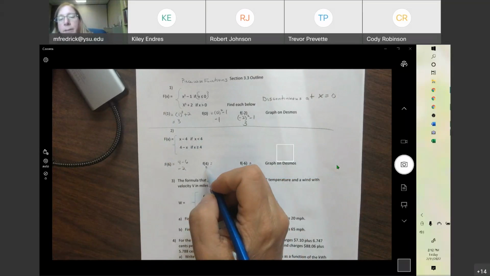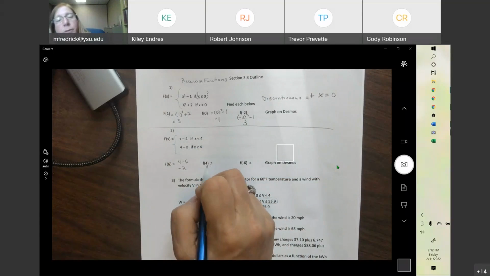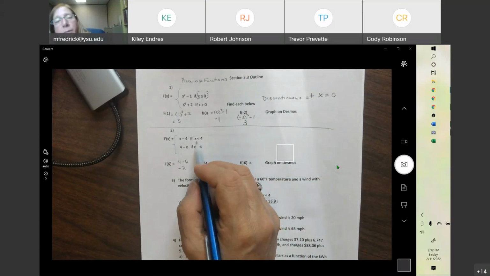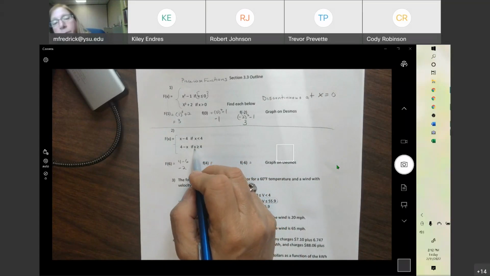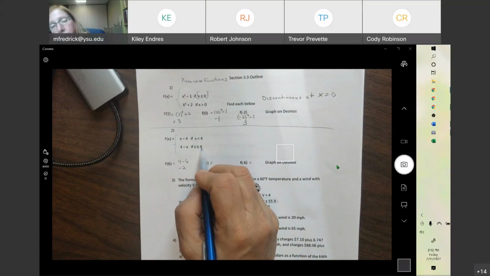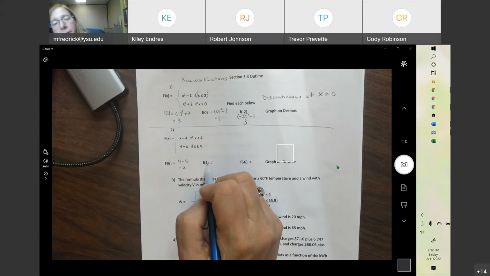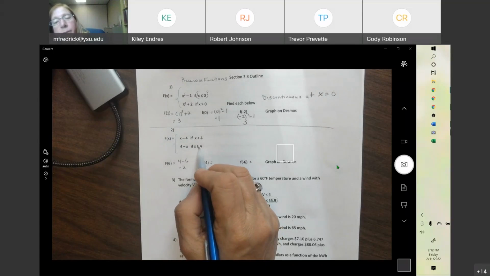Yes. The second one is a 4, so we want to see which one it falls into. Well, 4 is not less than 4, but 4 is greater than or equal to 4. So when it's the same value, look for that equal to part. In this case, it's in the bottom one.